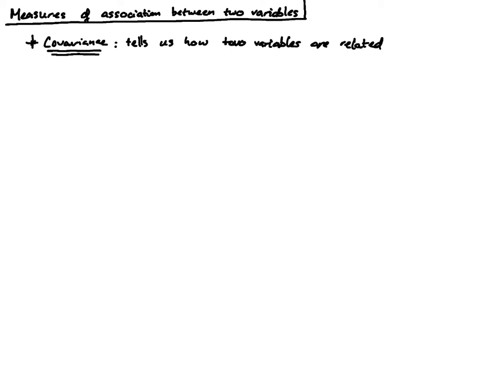Let's say we have access to population data, right? Then we calculate the population covariance, which is denoted by sigma xy. So sigma xy is a covariance between two variables x and y.